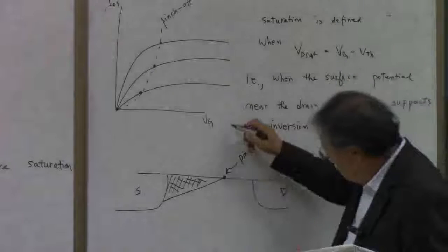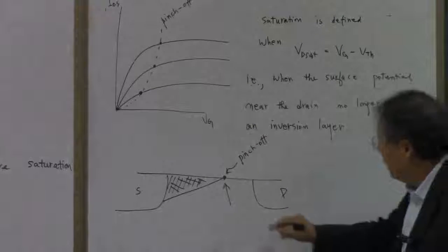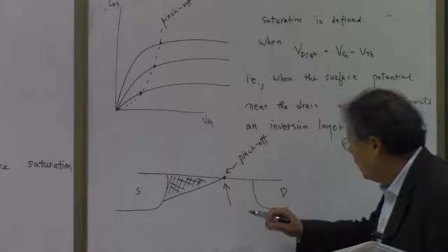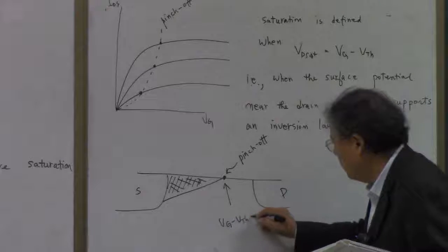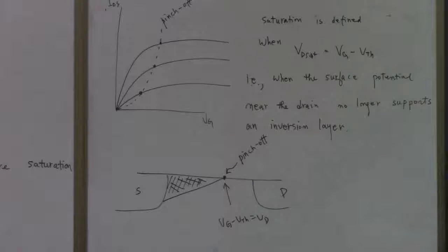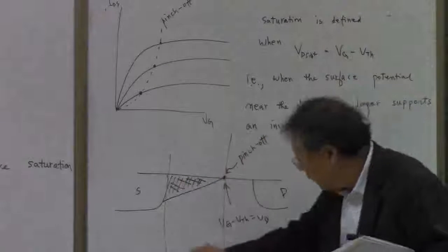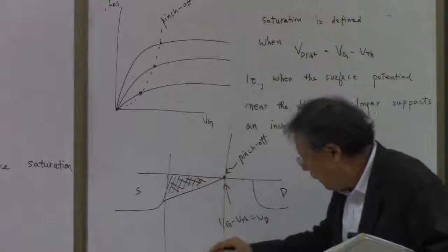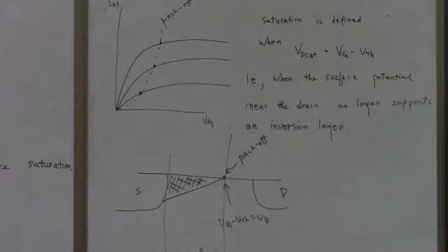Okay, and at this point the drain voltage is gate voltage minus threshold voltage, right here. And the most important thing that happens with this pinch off is that we have a new channel length. A very important point to notice.